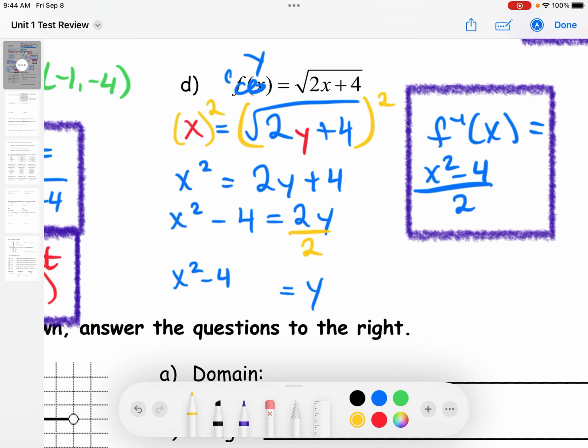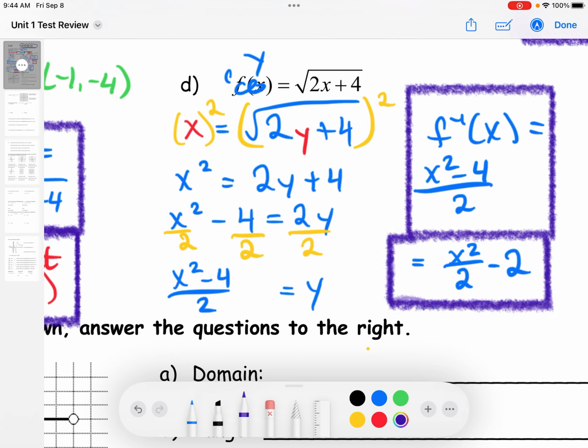If we divide both terms by 2, we get x squared over 2 minus 4 divided by 2 is 2. Either one of these forms is correct. It may divide each individual term by 2 and simplify, or it may not.